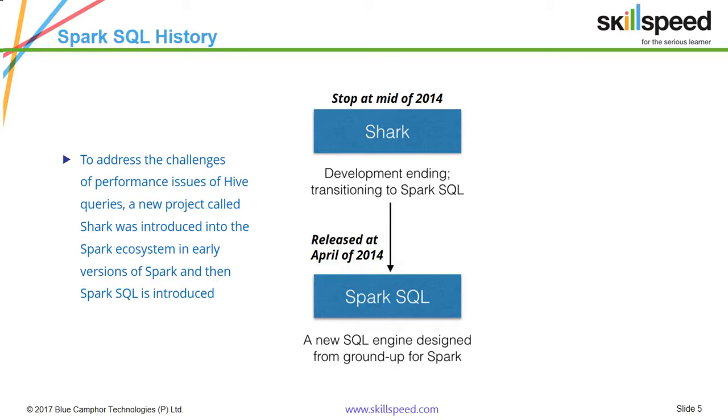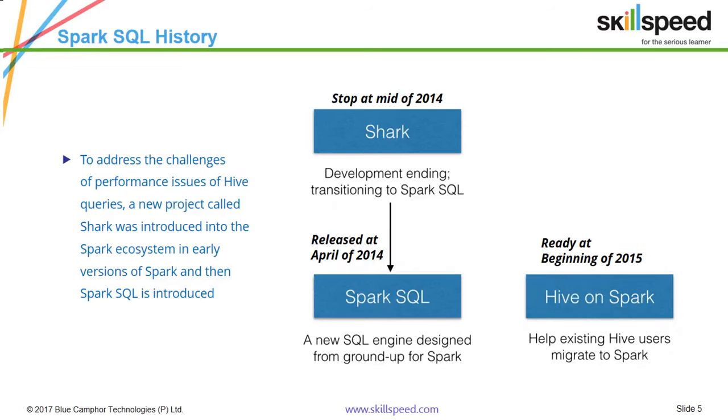It provides you an option to write SQL on top of data, and it is blazingly fast. And by around 2015, we had Hive on Spark, which means Spark SQL was able to communicate with any existing Hive distribution, so that people who were already familiar with Hive were easily able to migrate to Spark SQL, right?